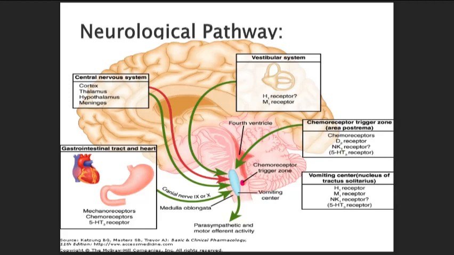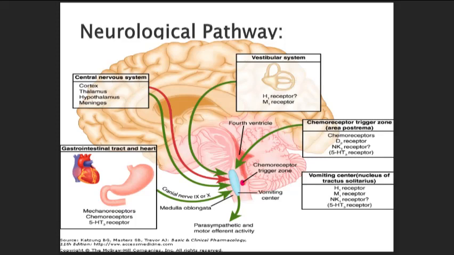Now, there are different receptors located in the chemoreceptor trigger zone as well as in the vomiting center, which control the entire mechanism of emesis. In the chemoreceptor trigger zone, located in the area postrema, there are three types of receptors.